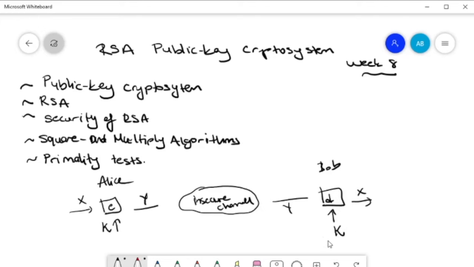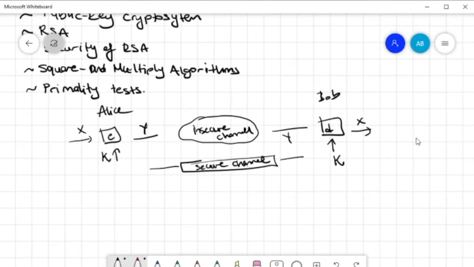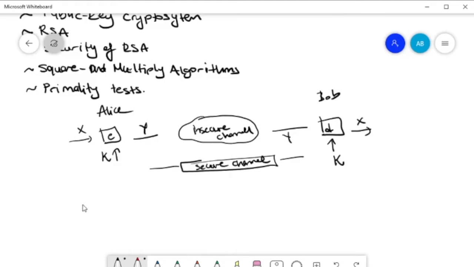This is why we say it is symmetric. The same key is used for both encryption and decryption, and the key has to be sent in a secure channel. This is important. And if we have a lot of users and they need to communicate with each other, we need them to share these secret keys in a secure channel, which is a real mess to do with symmetric key cryptography.